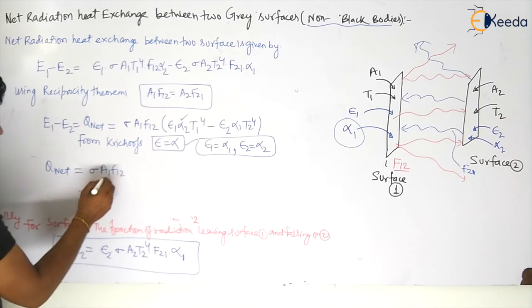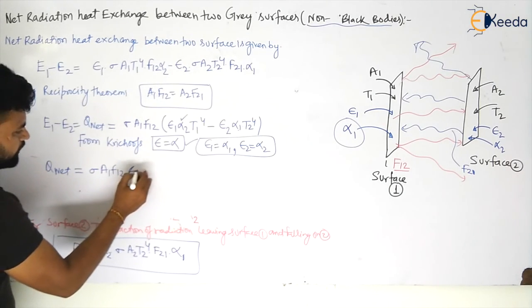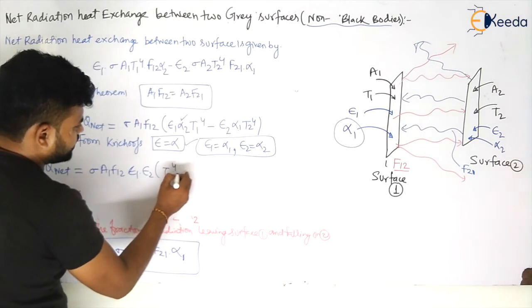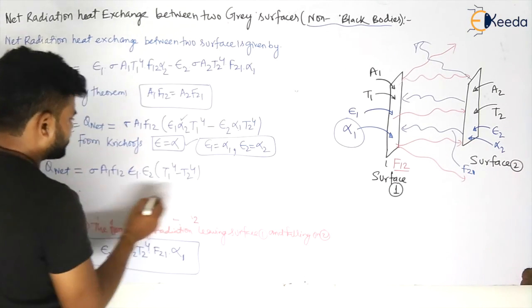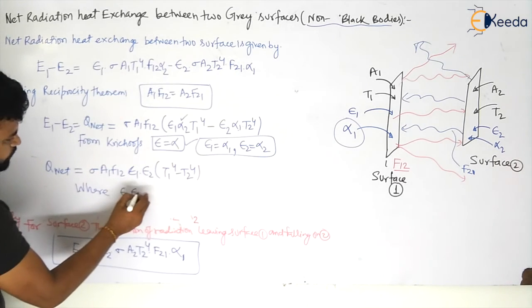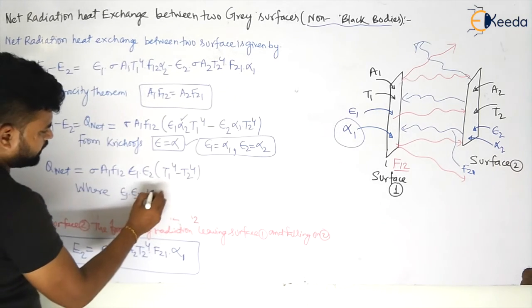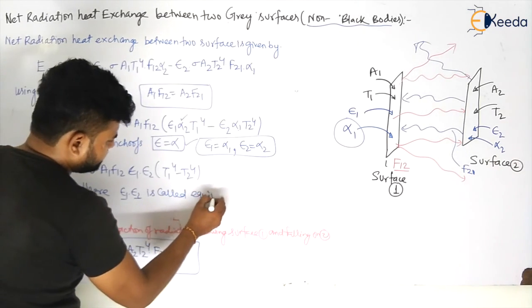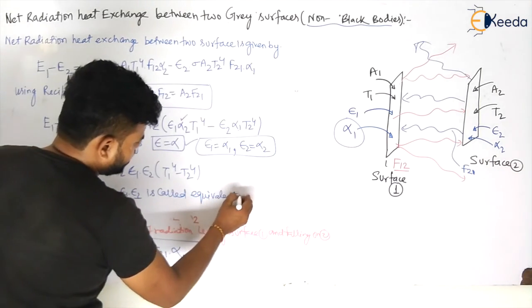So this will become A1 F12 epsilon 1 epsilon 2 sigma into T1 to the power 4 minus T2 to the power 4, my dear students, where epsilon 1 epsilon 2 is called equivalent emissivity.